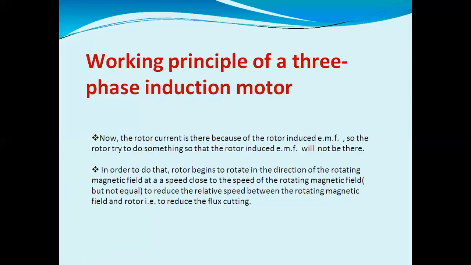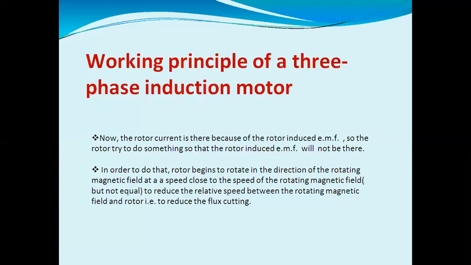This rotor current is there because of the rotor induced EMF. So the rotor tries to do something so that the rotor induced EMF will not be there. In order to do that, what is the process?